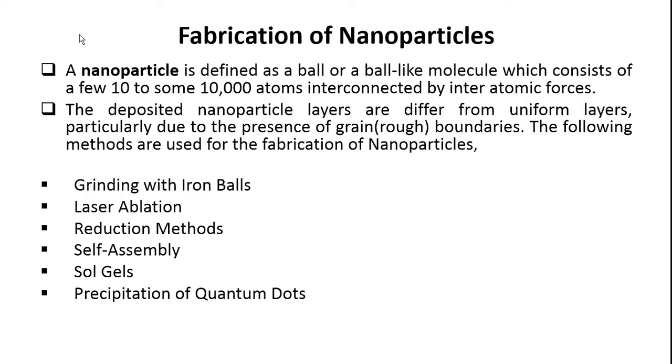The deposited nanoparticle layers are different from uniform layers, particularly due to the presence of grains, that is, rough boundaries. Usually, nanoparticles are also fabricated upon wafers or surfaces of material in the form of uniform layers. But the difference is that when nanoparticles are formed, they may have grains or rough boundaries.